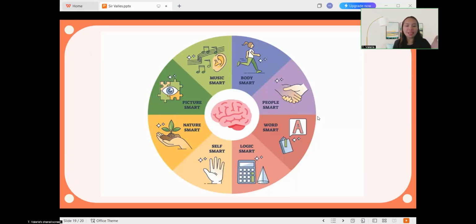It is evident in psychologists. So psychologists are considered what? Intrapersonal intelligence, because I think they understand themselves. Also, since they are psychologists, of course, they're going to counsel people, so they can also be considered interpersonal intelligence.